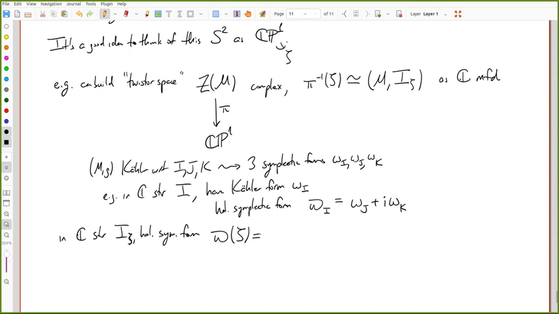So this is this family of holomorphic symplectic forms on this space, a CP1 family worth of them. And of course, they're all determined by these three, omega I, omega J, and omega K, and they're determined in this kind of way, where by omega plus and minus, I mean omega J plus or minus I omega K.